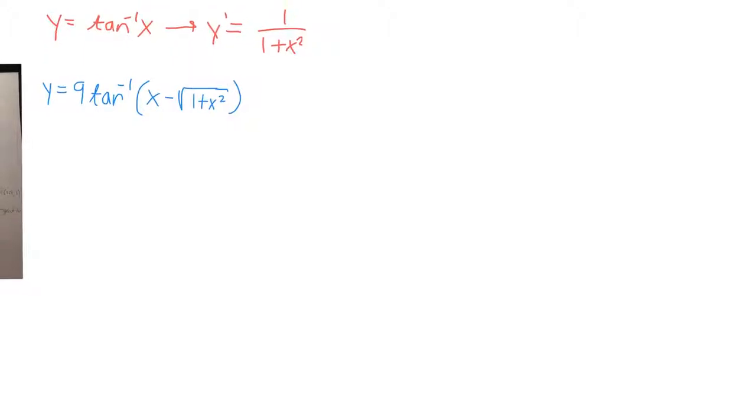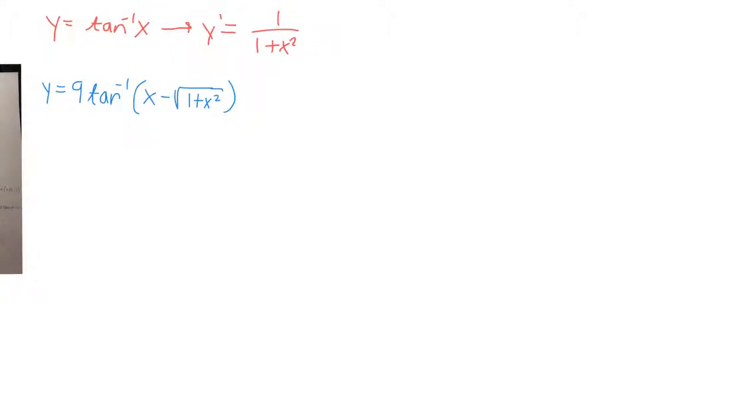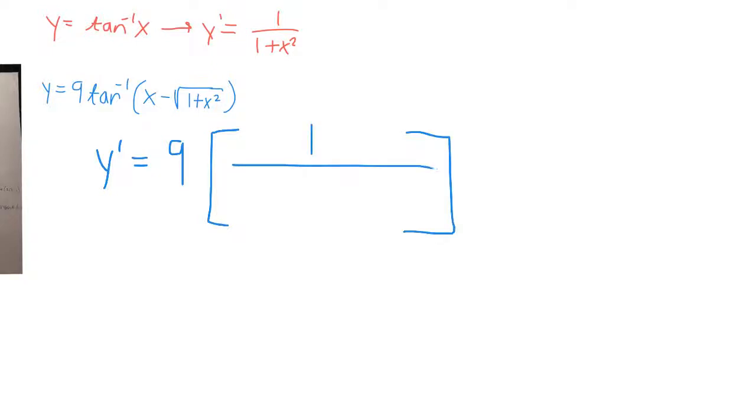And let's give ourselves some room here. So on the next line, it's definitely going to be 9 times the whole derivative of all that stuff. Now, the derivative of arctan is 1 over 1 plus x squared, but this is going to be 1 plus something squared, and that something is all of this.